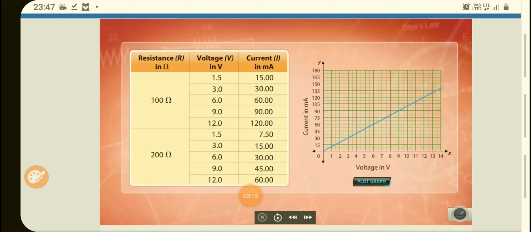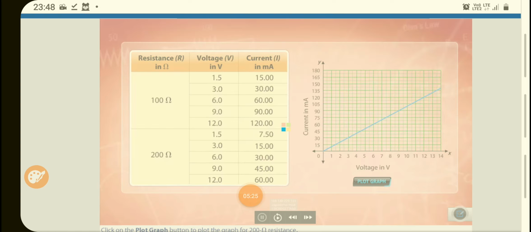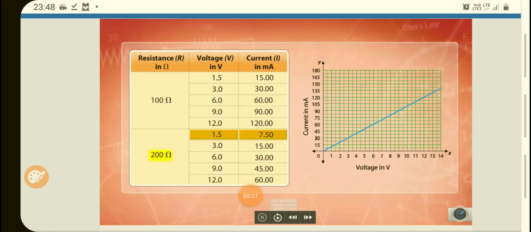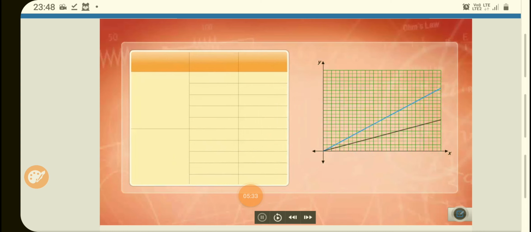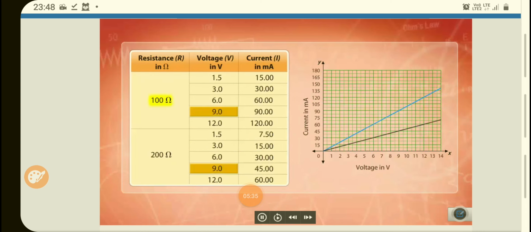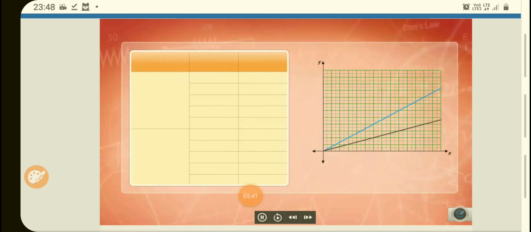Now, let's see how the current varies with the voltage for the 200 ohm resistance. Click on the plot graph button again. The graph shows that when the resistance is doubled, the current is halved for the same voltage.